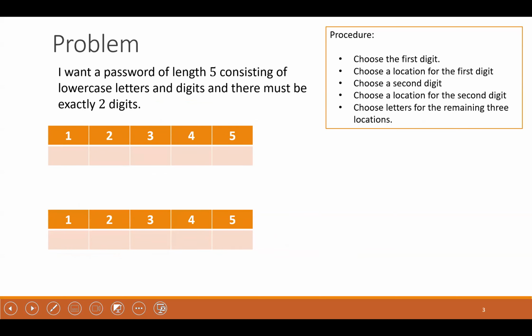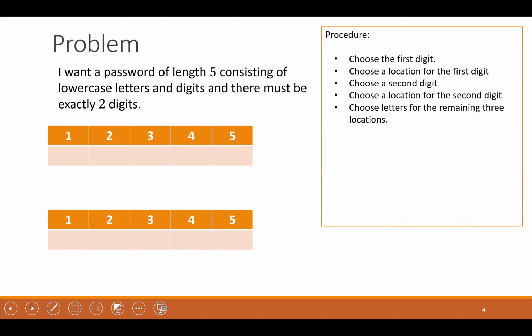Okay, so I'm going to follow this procedure that we defined. I'm going to do the task 2 different ways and generate the same string, the same password in this case. So this is my procedure. The first thing I do, I choose the first digit, I choose 2, and then I choose a location. I choose location 5, so I put 2 here.